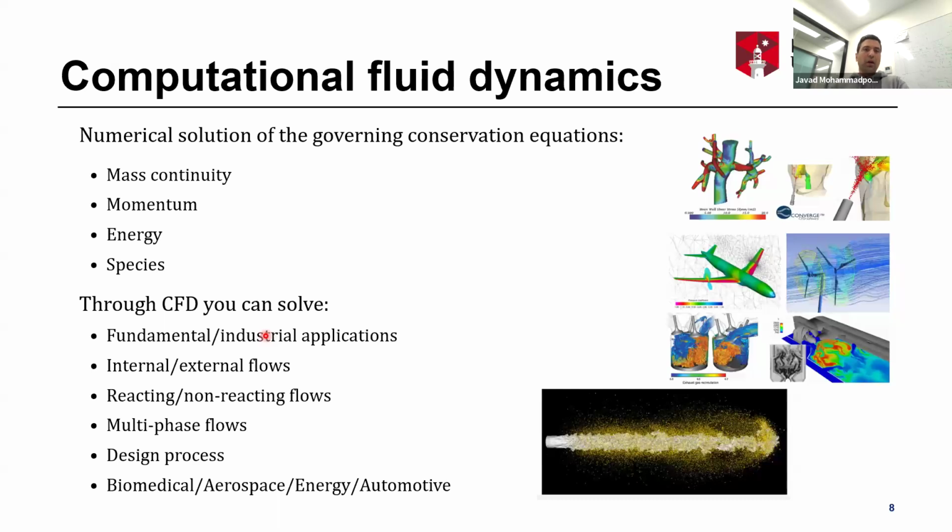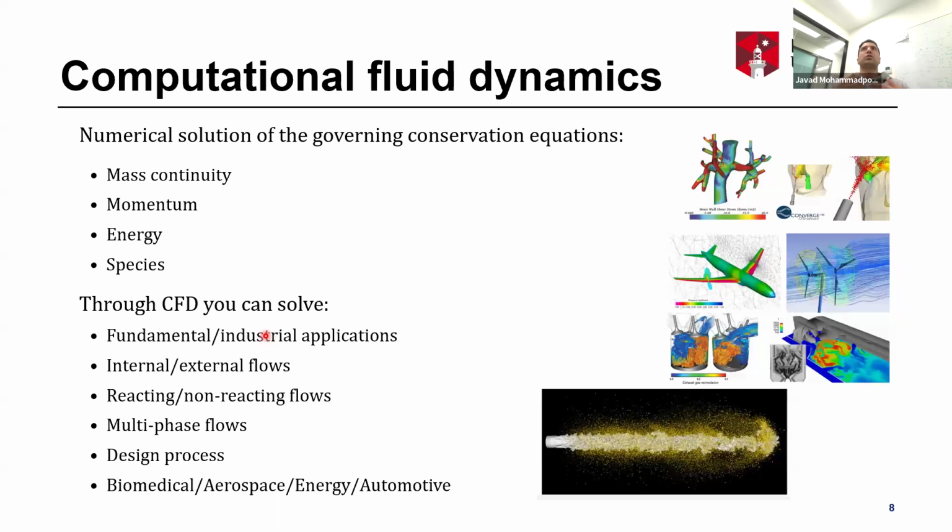FDS software. So internal or external flow: when we say internal flow, it means, for example, flow inside and within a pipe, and external flow, as I mentioned, is the behavior of flow over a structure, over a ship, over an airplane. We can use CFD for solving reacting or non-reacting flows. In case we don't have any reaction, we use non-reactive flows.